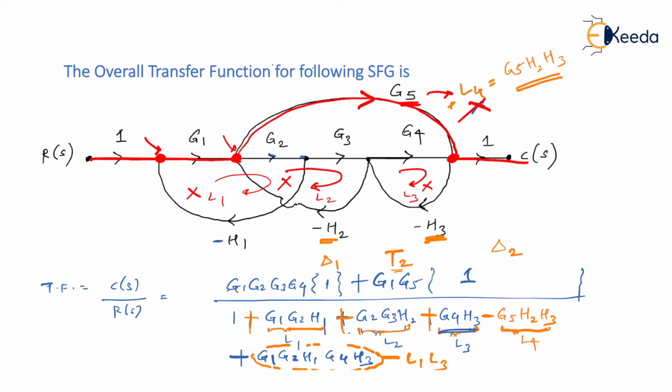So L1, L2, L3 as well as L4, all the loops are touched by T2, and therefore the value of delta 2 has become 1 again. So I have repeated it just to give you clarity on delta 2, and the rest of the things I'm sure you must have understood. I'm sure you have understood how we have obtained our delta also.